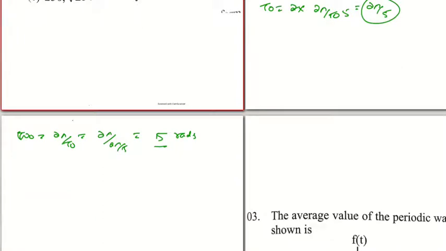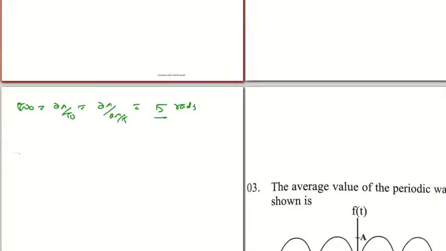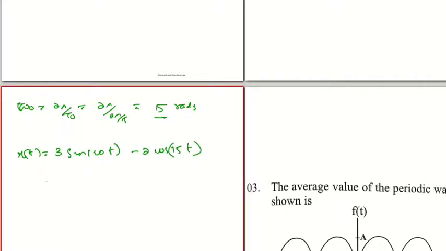So, the signal was, I will show it how. So, the signal was x of t is equal to 3 sin 10t minus 2 cos 15t. So, in terms of fundamental frequency, I can write 3 sin 2 into 5t minus 2 cos 3 into 5t, right.